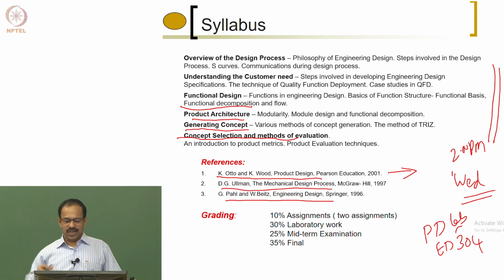Just opposite to the staircase. So all of you need to be there at 2 o'clock on Wednesday. The first Wednesday, that is the day after tomorrow, there is no class, it's a holiday. So the first session will be on 22nd January in ED 304.